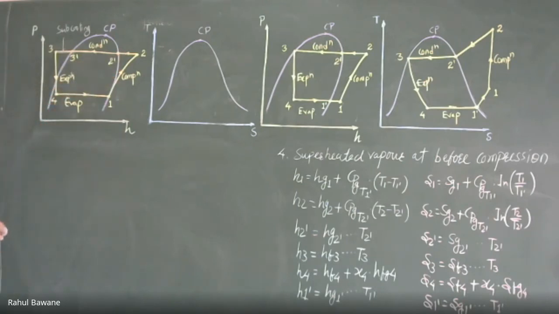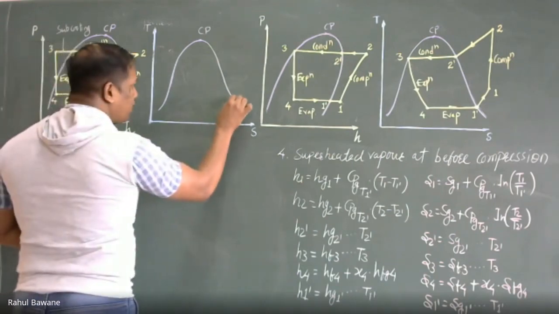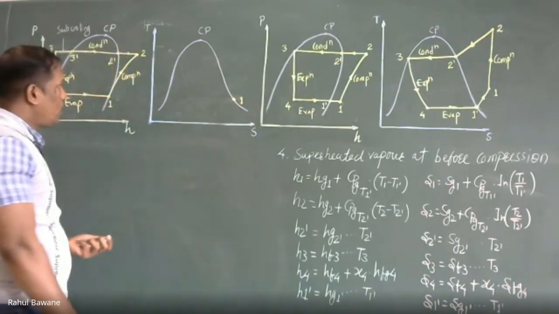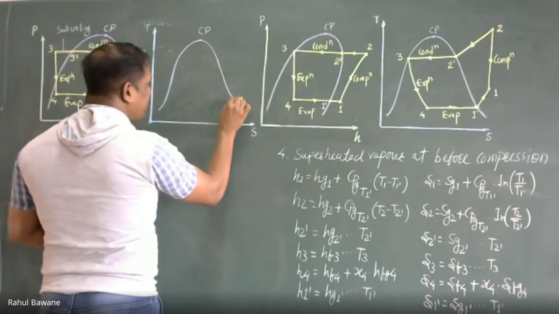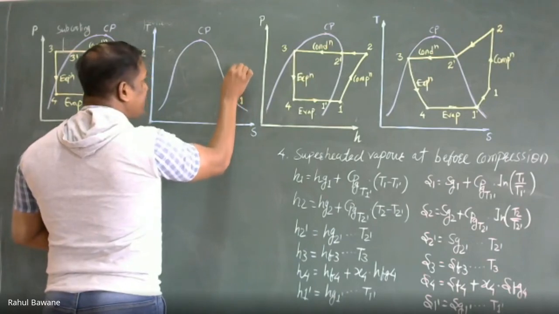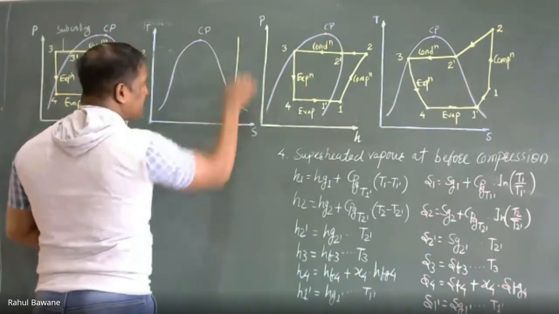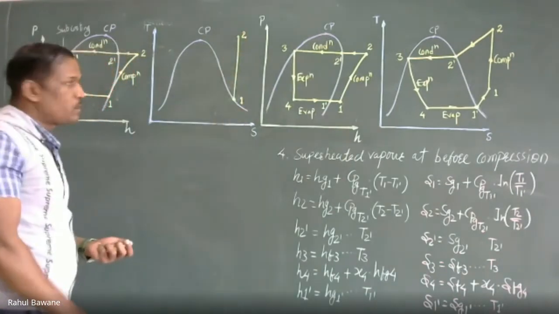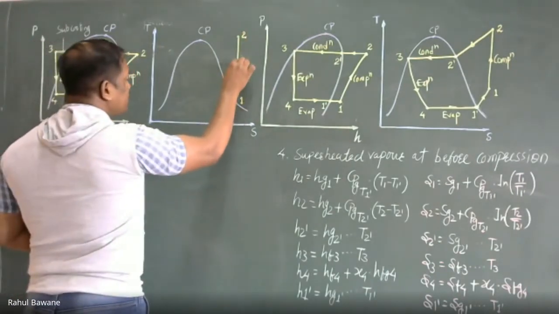If I draw this on a TS diagram, my first point lies on the dry saturated curve. This is 1. When it gets compressed adiabatically, I observe a straight line, entropy remains the same. So this is point 2. This is the compression process.